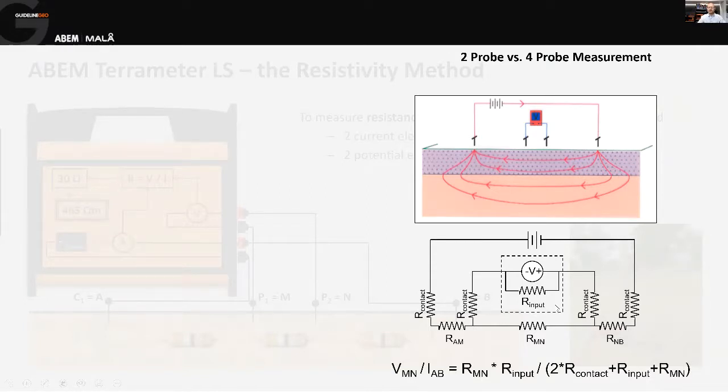So we've got 2 electrodes, so we've got 2 lots of that contact resistance. It'll also be the resistance between the pair that we're measuring the voltage with. So that's this R_MN, and that's the one we want. That's the one we're really interested in. That's the one that will allow us to calculate an apparent resistivity for the volume of Earth between those measuring probes.